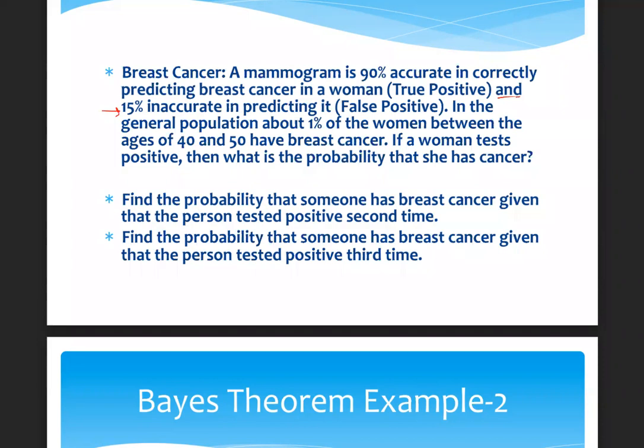That's what it is. Okay, so it's a bit tricky to follow. So what do they want? In the general population, about 1% of the women between the ages of 40 and 50 have breast cancer. If a woman tests positive, then what is the probability that she has cancer?